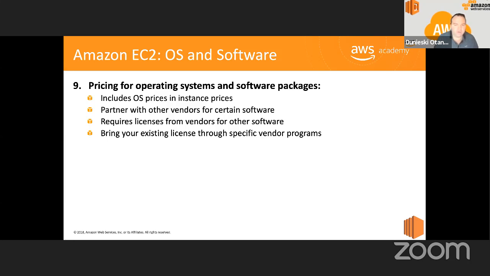Some software requires licenses from other vendors, and you can bring your existing license through specific vendor programs. This is specifically for Windows: if you have licenses, you can bring your own license and use it in AWS.